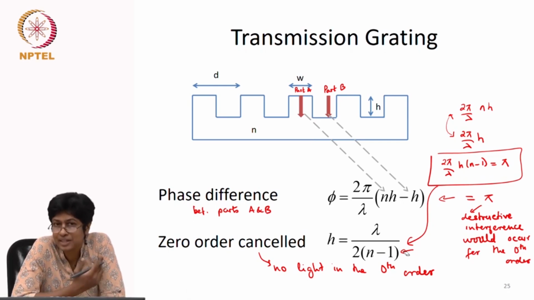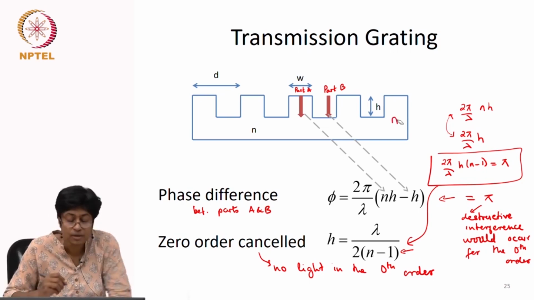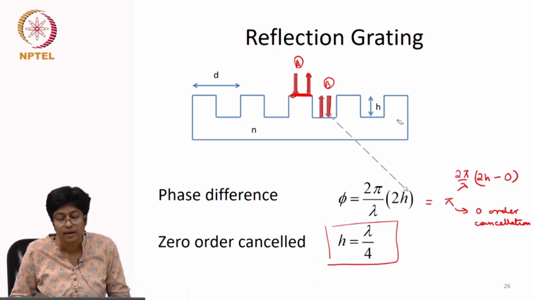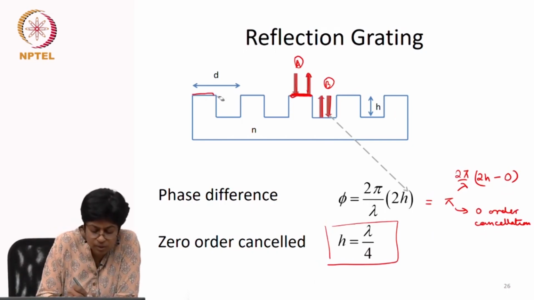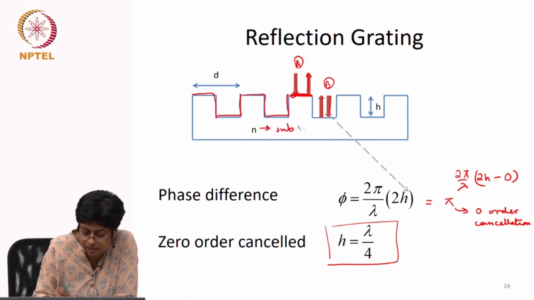Why do I have to take into account the refractive index? Think about it. In the transmission grating, as the name suggests, the light is transmitting through the material. It sees this N. Whereas in the reflection grating, we have some reflection coating here. We are just using this material N as a substrate.